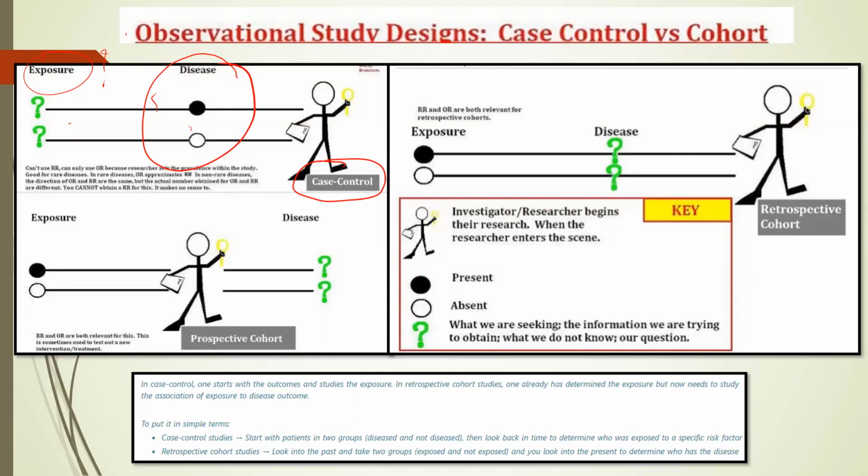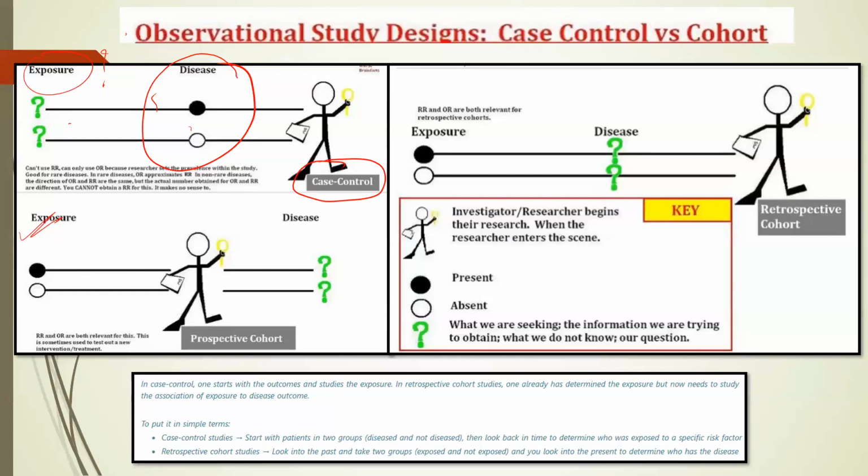Yes, ma'am. Okay. Now coming to cohort. Now cohort, it could be retrospective or prospective. Okay. So answering the question with respect to a cohort becomes tricky. Now, remember, you're exposing one group to either a risk factor or a treatment, and the other group is the control group receiving placebo or no exposure.